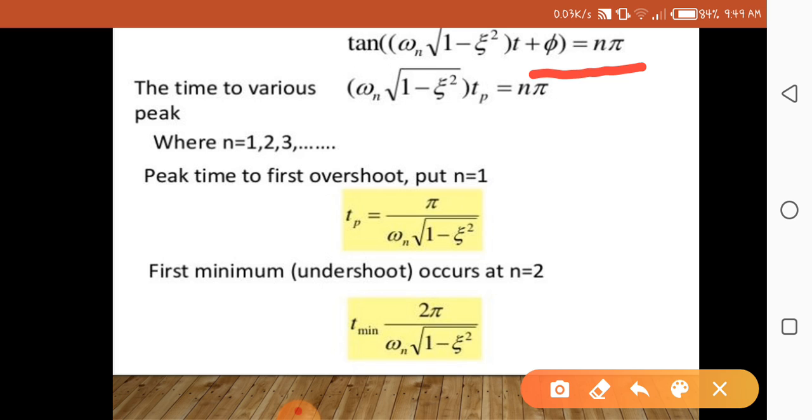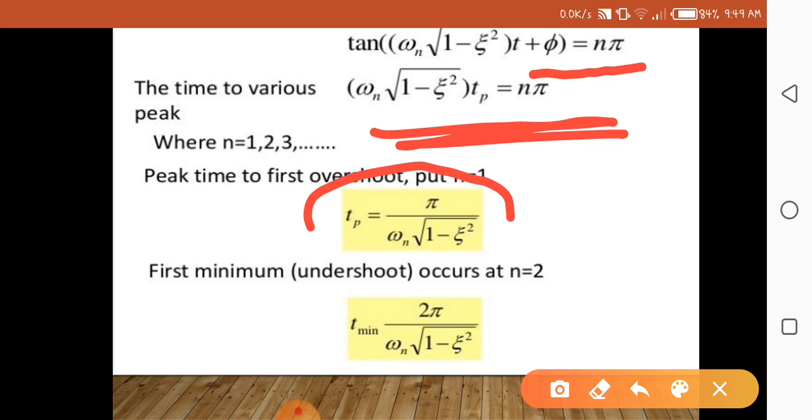So the time for the peak value is given by omega n root 1 minus zeta square Tp is equivalent to n pi, where n is 1, 2, 3 and so on. So the value for the peak time to the first overshoot is obtained by putting n equals 1.